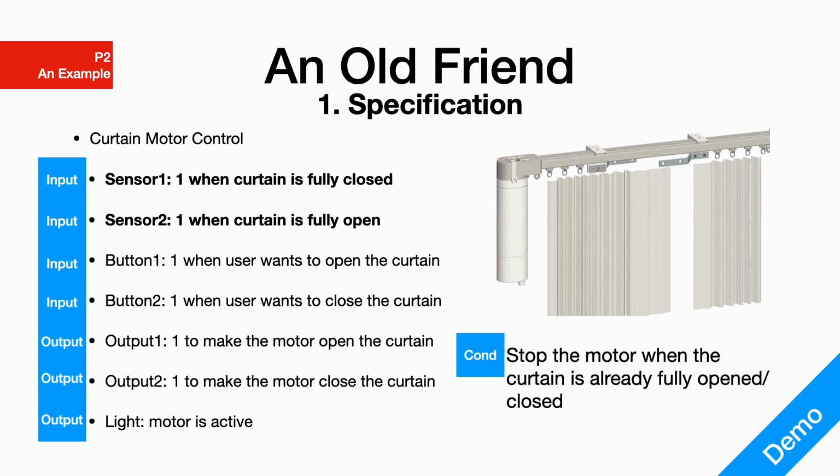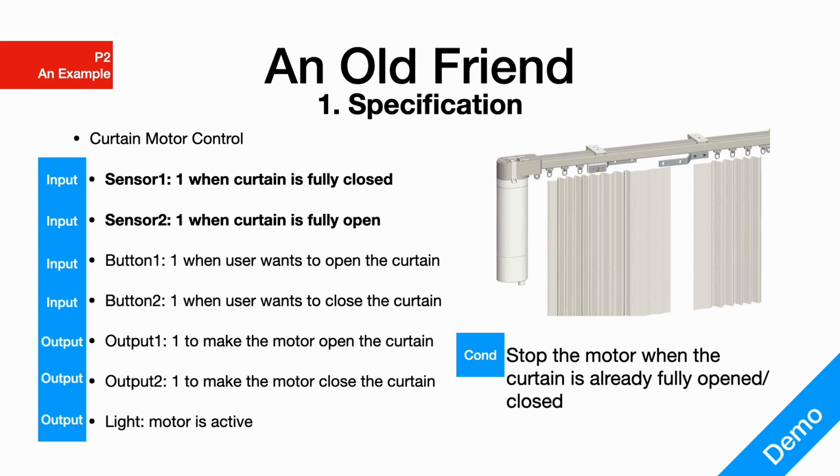We can very easily identify sensor 1 and sensor 2 as providing input to the control chip, and then output 1, output 2, and the light providing output signal to the curtain motors as well as the light. And then you have button 1 and 2 also as input from the user.